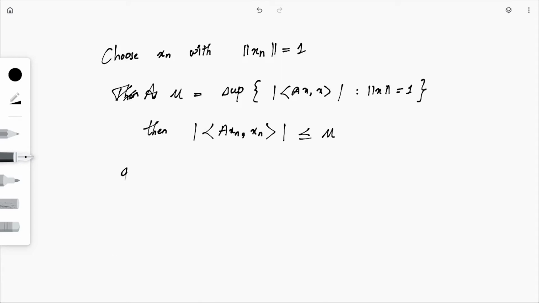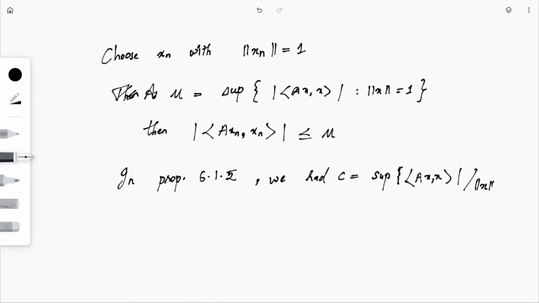Now in property 6.1.5, which we did in the previous lecture, we had defined a term C. C is nothing but the supremum of the modulus of the inner product of A x, x divided by norm x squared, right?